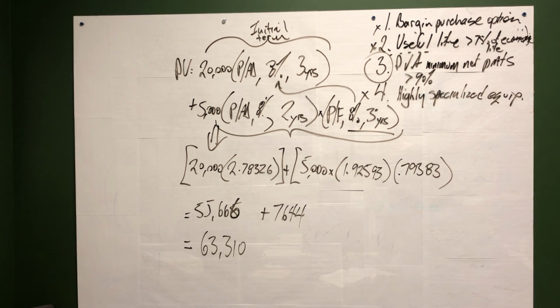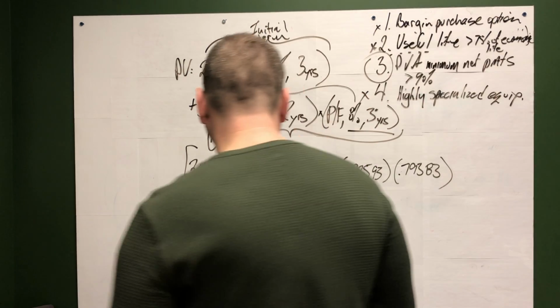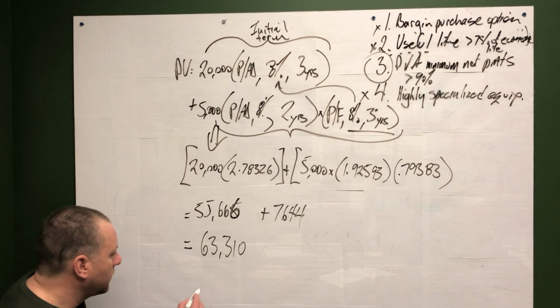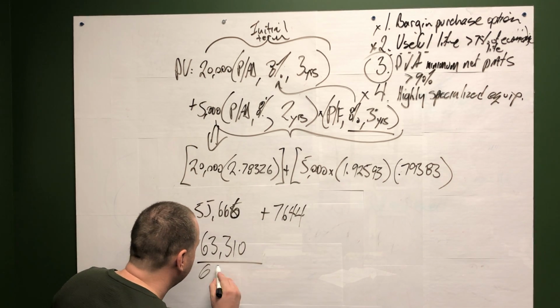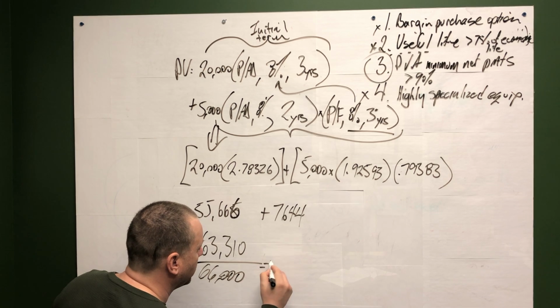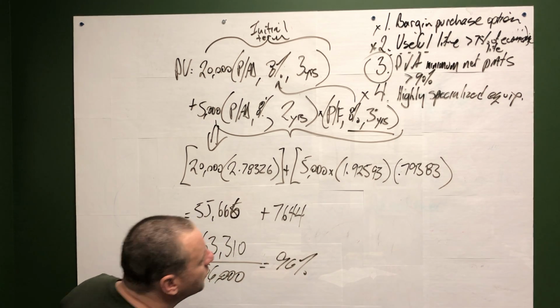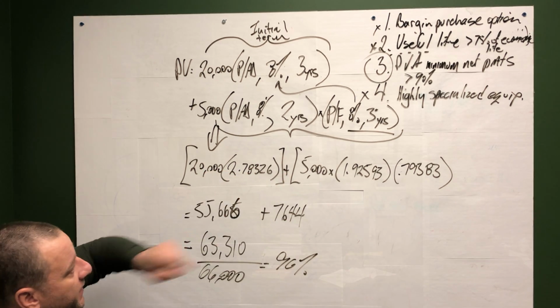Well, what's the fair value of the asset right now? The fair value of the asset is 66,000. So we'll take that 63,310 divided by 66,000, we get 96%, which is greater than 90%.